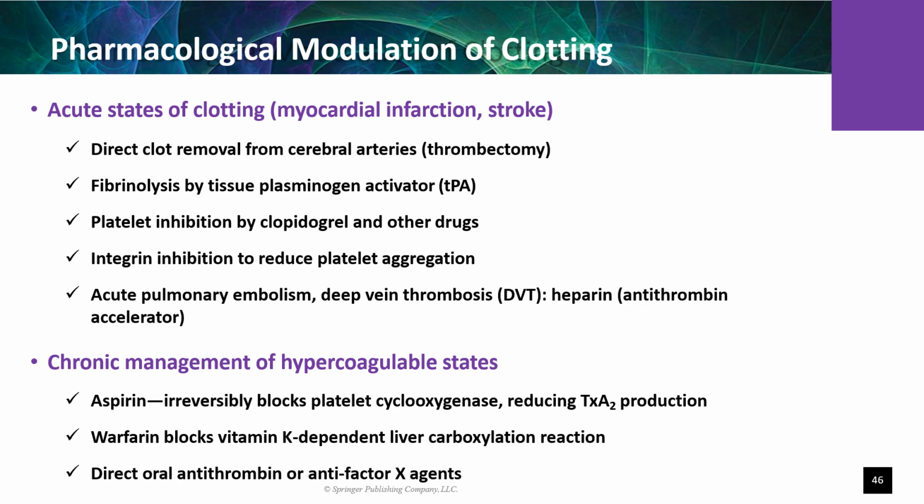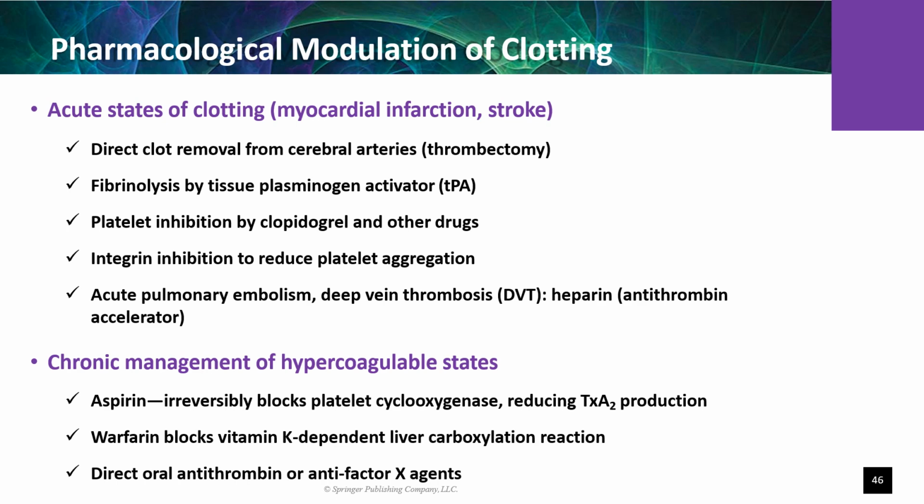When acute clotting takes place, it needs to be modulated. This can be done surgically, as in a thrombectomy. It can be done by medicine with TPA. It can also be done with various other medications.